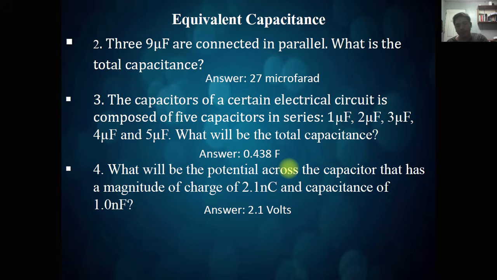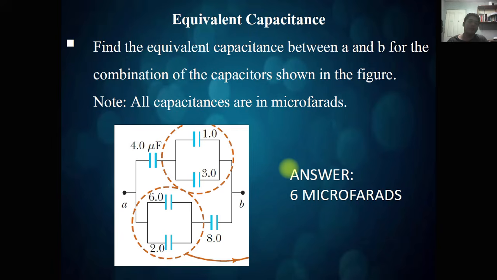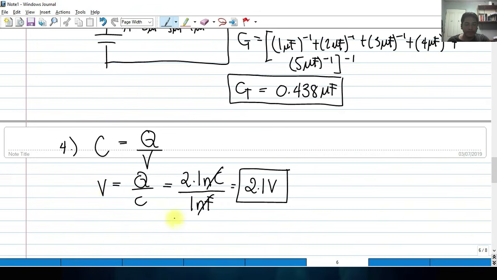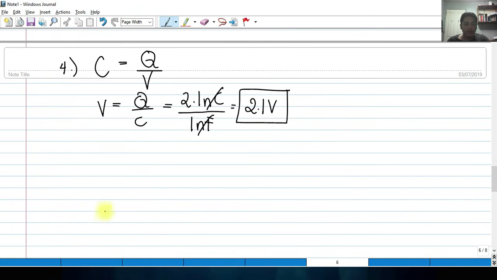Now, let's go back to the first example. So in this problem, we are asked to find the equivalent capacitance between terminals A and B, okay, for the combination of the capacitors shown in the figure. All capacitances are in microfarads. So let me just copy that one for you.